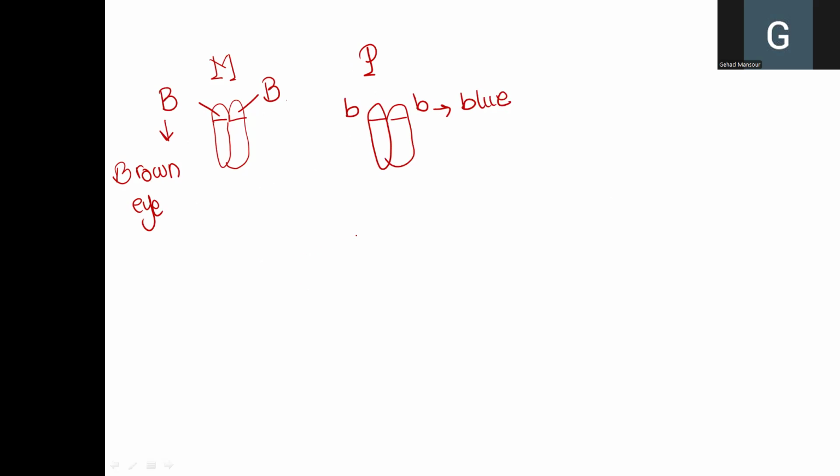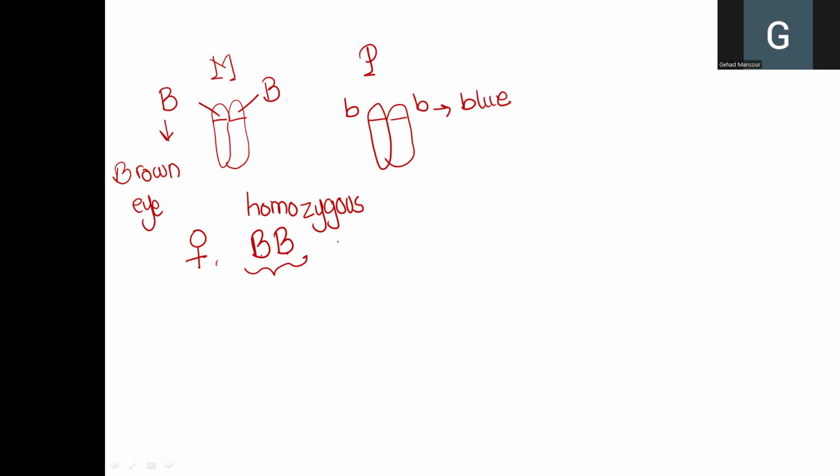This is what we call the genotype of the parent. So the genotype of the mother, which is usually denoted like this, the female genotype, will be B capital, B capital, denoting that the two alleles are dominant. And in such a case, we say that the mom is homozygous for the dominant trait. Homozygous for the dominant trait, or the dominant characteristic, means that she has two dominant alleles.